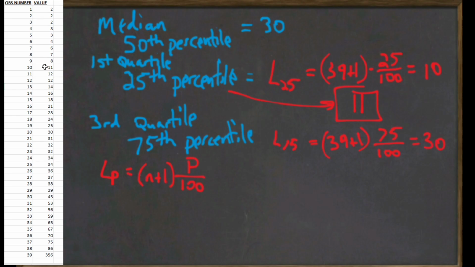Again, the answer is not 30, but we need to look for the 30th observation, which is 45. So this is observation number 30, observation 10, but the actual percentile is the value we look up in the ordered data.